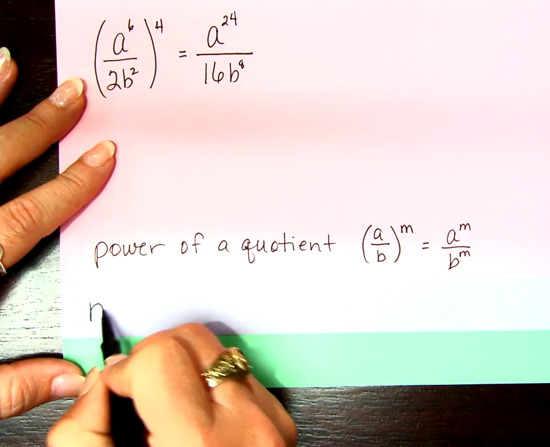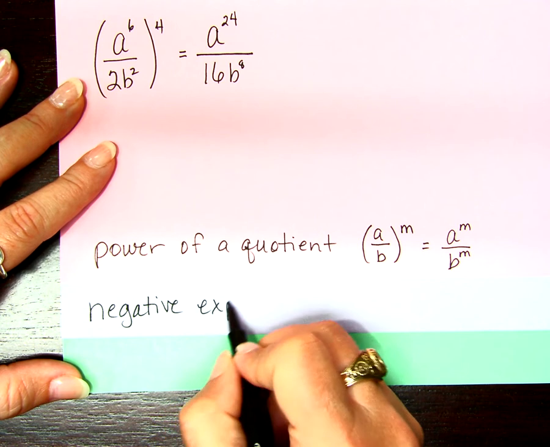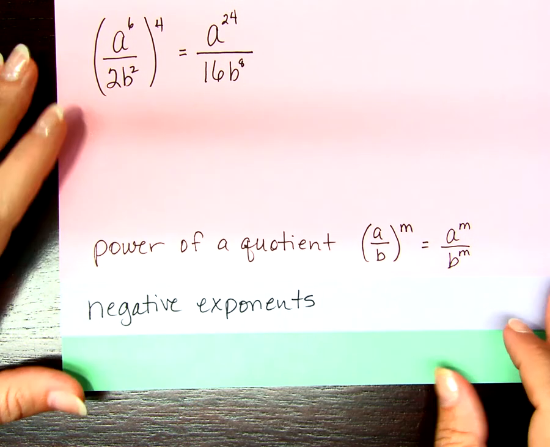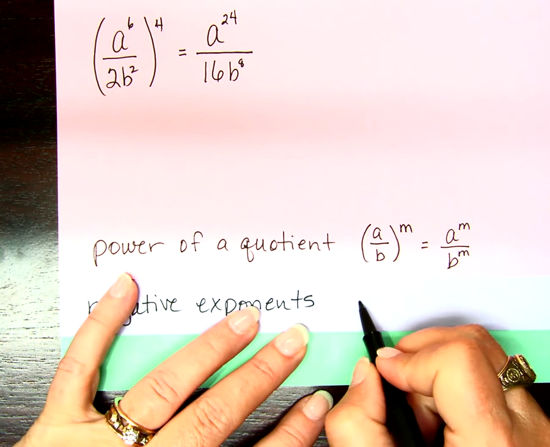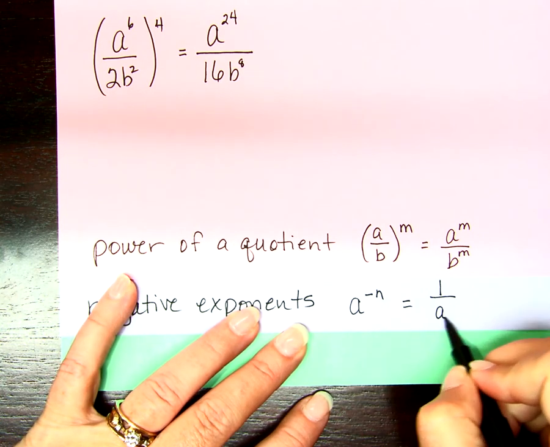Next tab. Negative exponents. A to the negative n is 1 over a to the n.